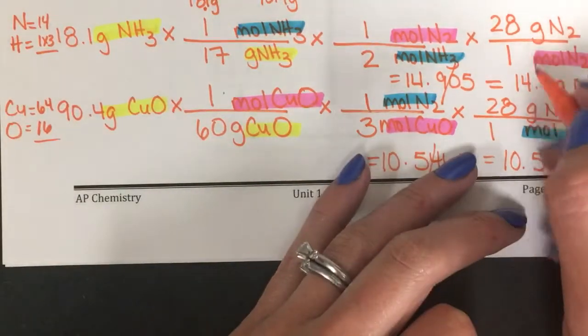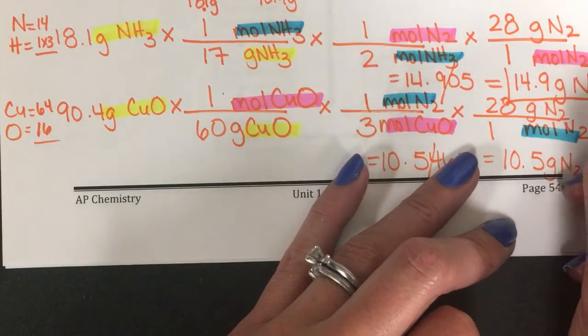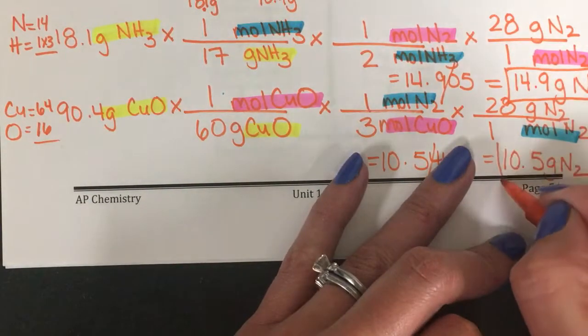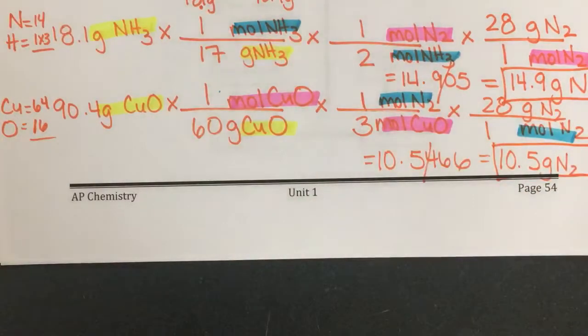Now they both had to be converted to the same product. And the reason they have to be the same product is I need to compare them to each other.